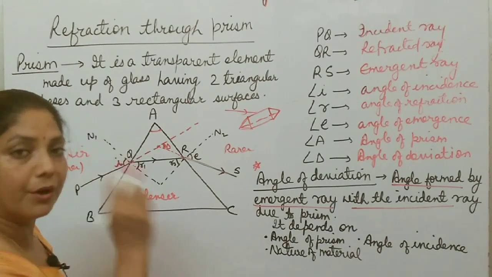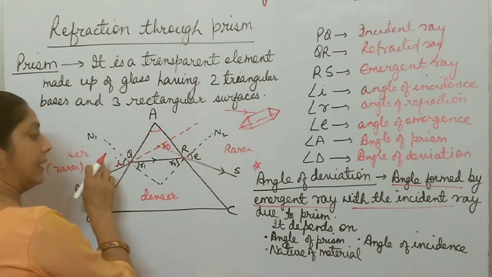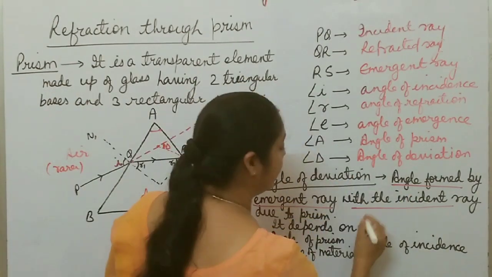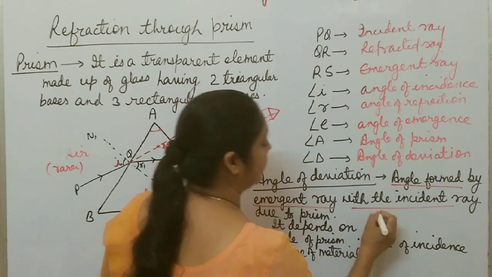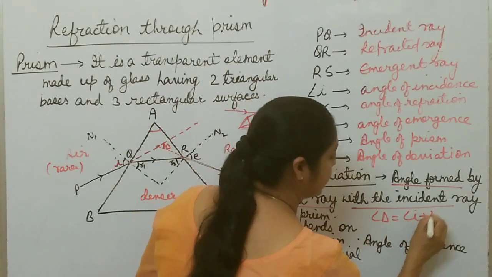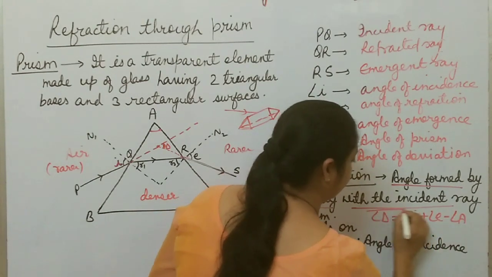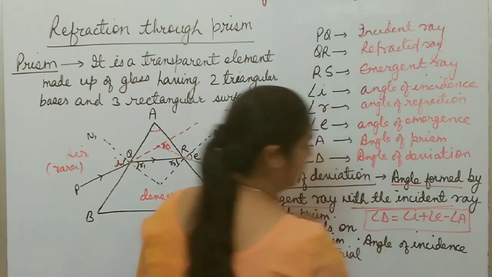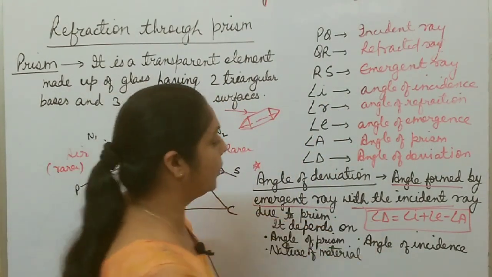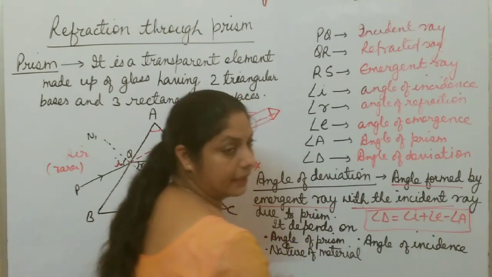And there is one important relation between the angle of deviation, angle of prism, angle of incidence and angle of emergence. You must remember this one. The relation is: angle of deviation D equals angle I plus angle E minus angle A. This one is not given in your NCERT book, but still you should remember this formula. Angle of deviation equals angle of incidence plus angle of emergence minus angle of prism.